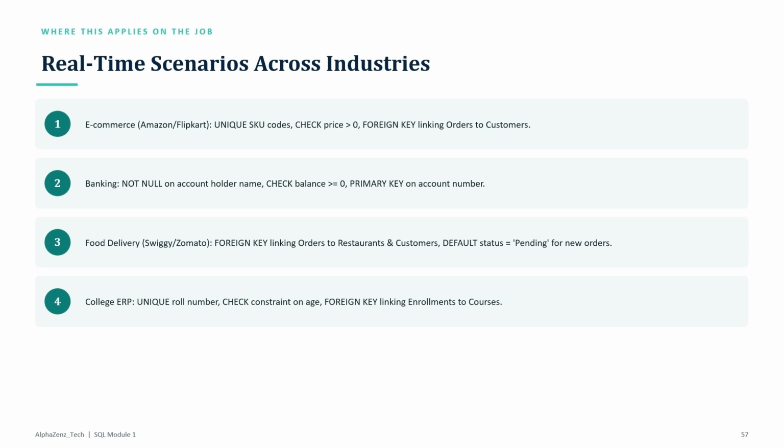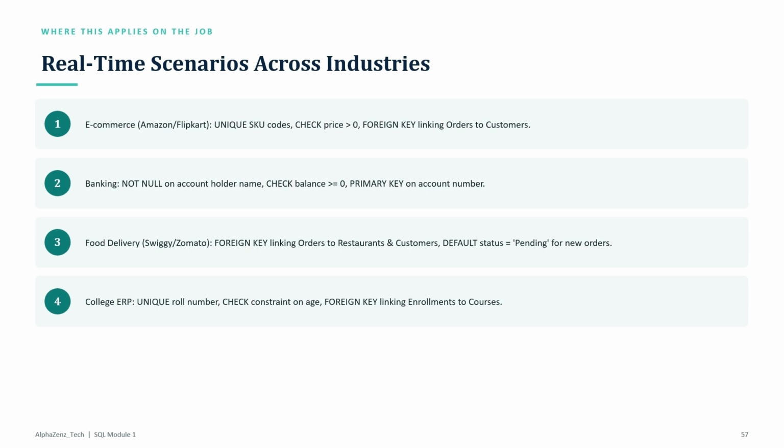Slide 65. Real-time scenarios across industries. And to really cement this, here's where these exact concepts show up on the job across different industries. E-commerce, like Amazon and Flipkart: unique SKU codes, check price greater than 0, foreign key linking orders to customers.